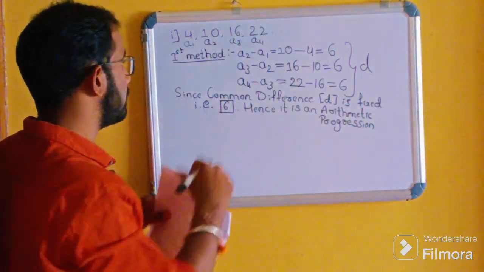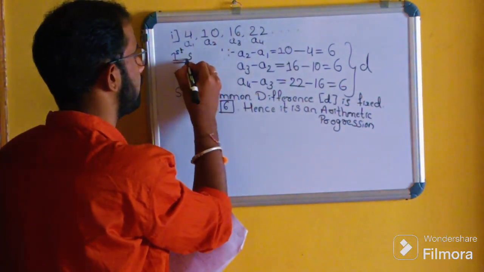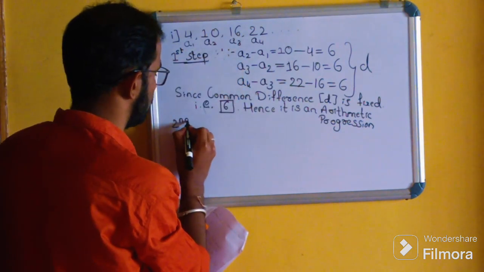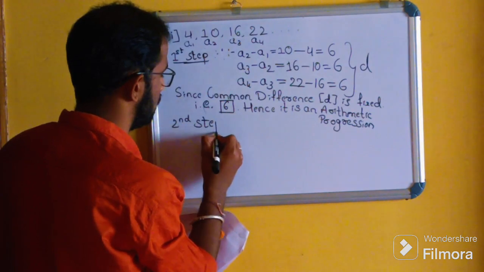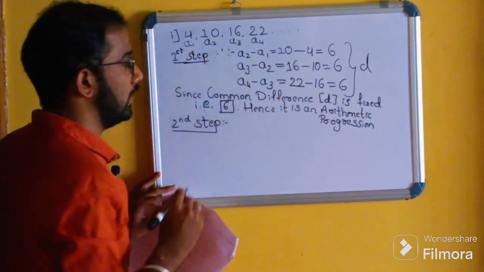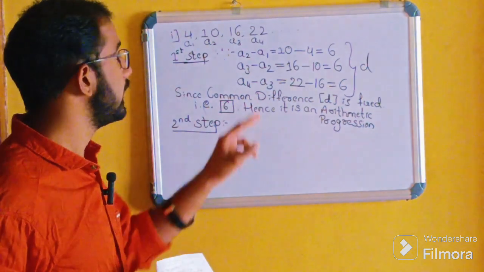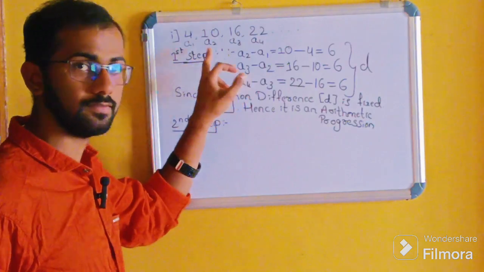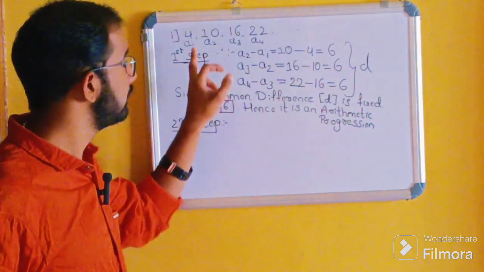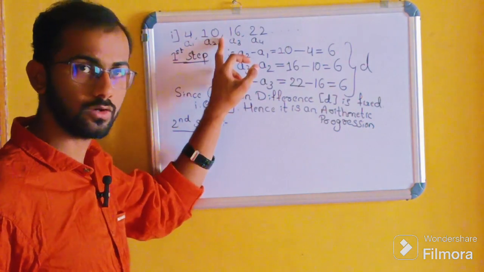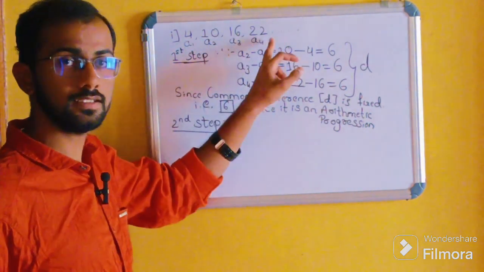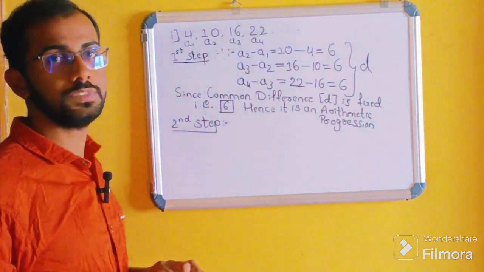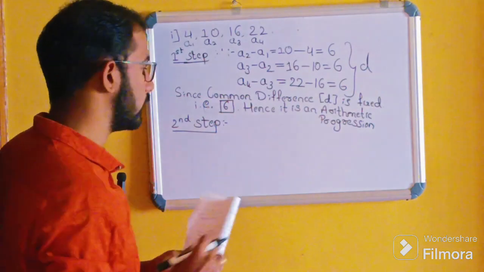So what is the second step? In the second step, we need to write the next two terms, if it is an arithmetic progression. After finding whether this is an arithmetic progression or not, the next step is to write the last two terms. How can we write them? Here comes the general form of an arithmetic progression.